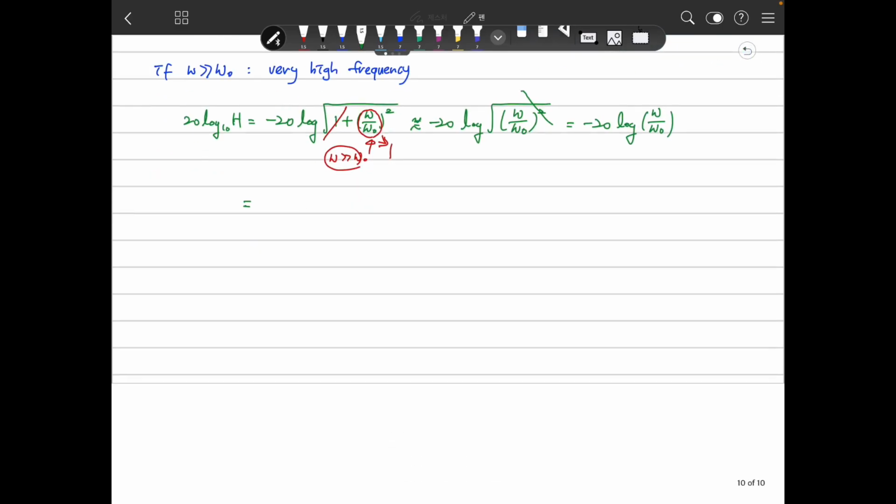So we can rewrite this form as minus 20 log omega plus 20 log omega 0. Okay, we rewrite here 20 log omega 0 minus 20 log omega.